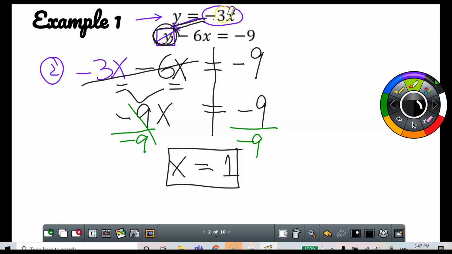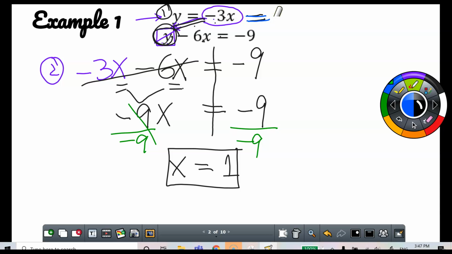However, in your system of equations, you have two variables, x and y. So now you're going to calculate y equals what? How are you going to do that? For your standard equation, which is the first equation, it is y equals negative 3 times x. And you already know the value of x, which is 1.